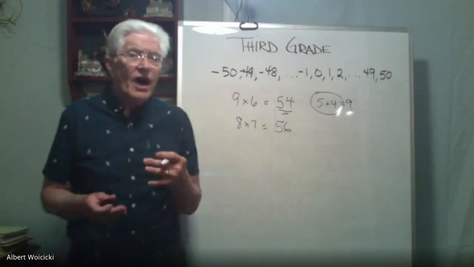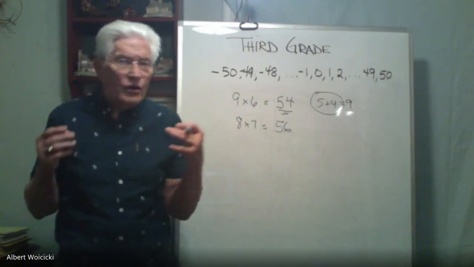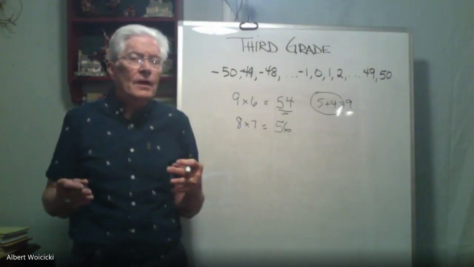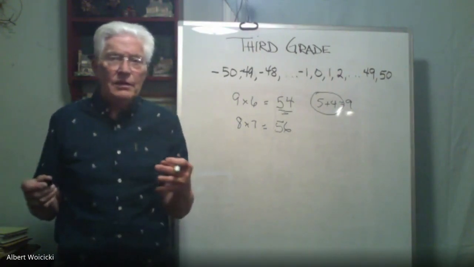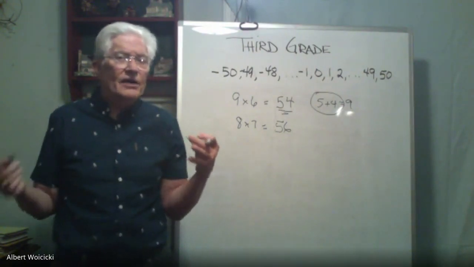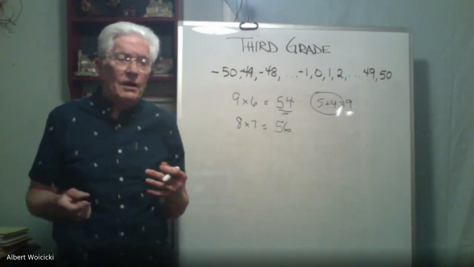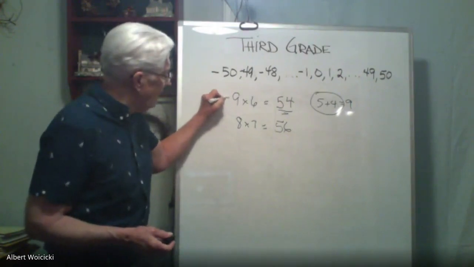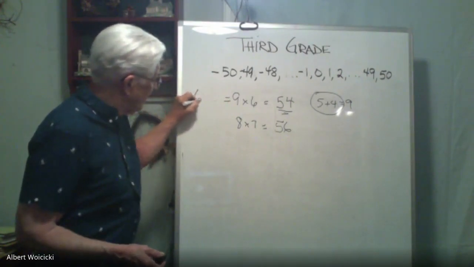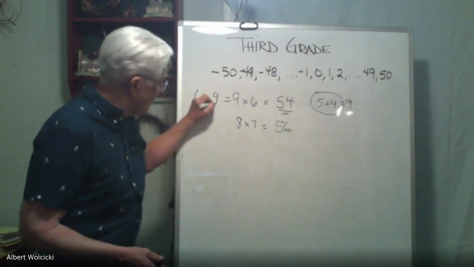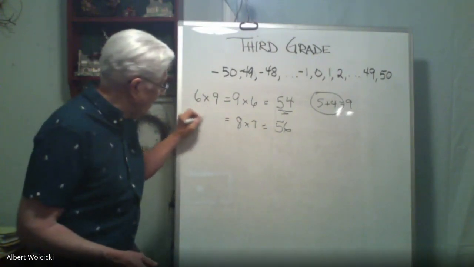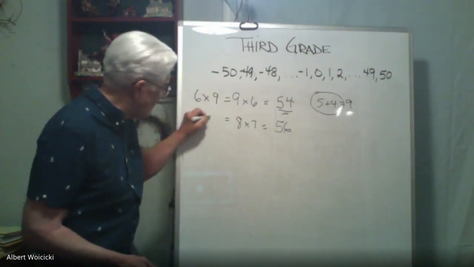And next time, we're going to again look at the chart. And we're going to say, now, wait a minute. We don't have to memorize the entire chart, just half of it. Because the other half is exactly the same. Because we know that 9 times 6 is the same as 6 times 9, and 8 times 7 is the same as 7 times 8.